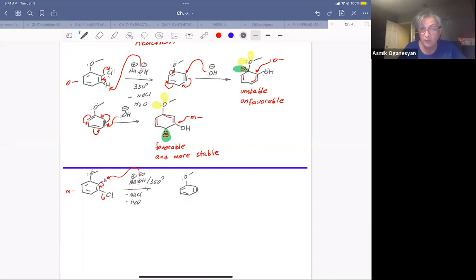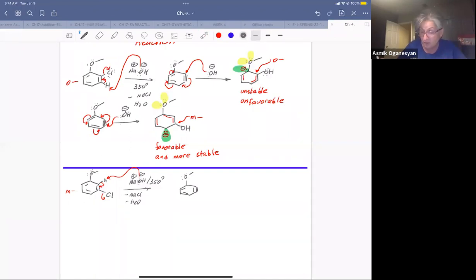Guys, if you compare this intermediate and this intermediate, they're identical. And we already have learned that ortho position is unfavorable and meta position is a tolerable one. So I'm not going to repeat the mechanism because, as we can see, we formed the intermediate exactly in the same place.